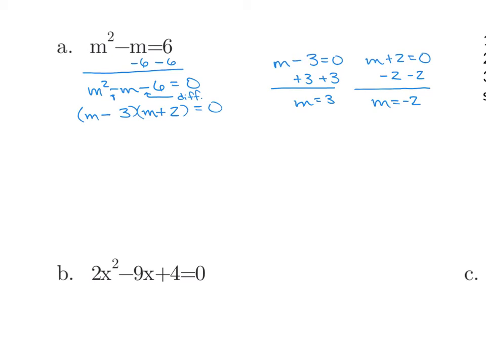So our solutions are m equals 3 or m equals negative 2. Not sure how they're going to want the notation on the final exam this semester, but if you want, you can also write this with squiggly brackets.